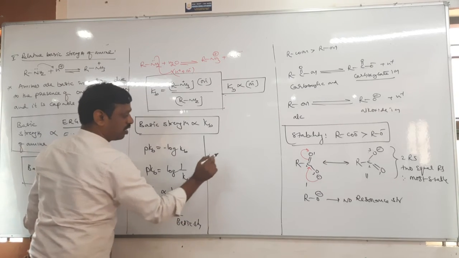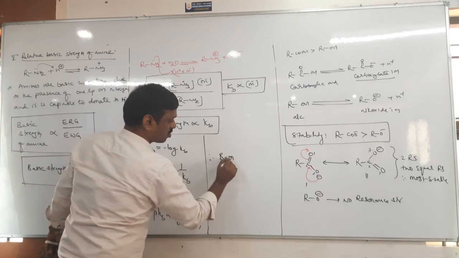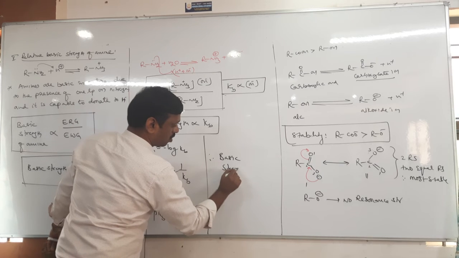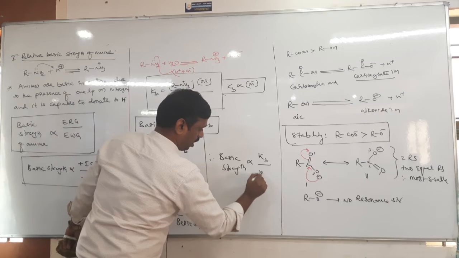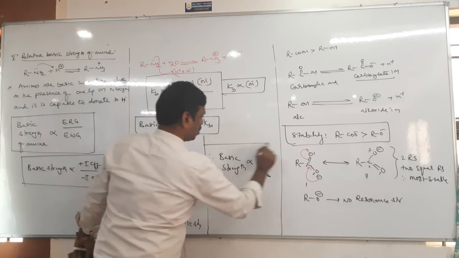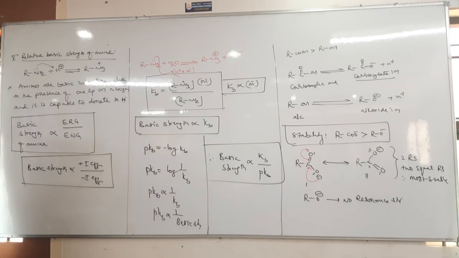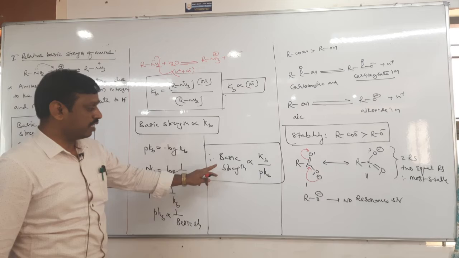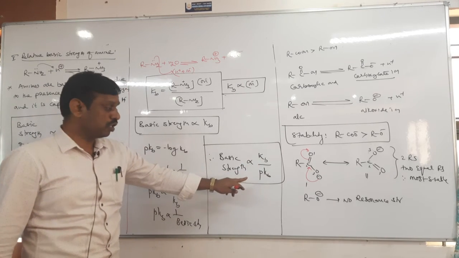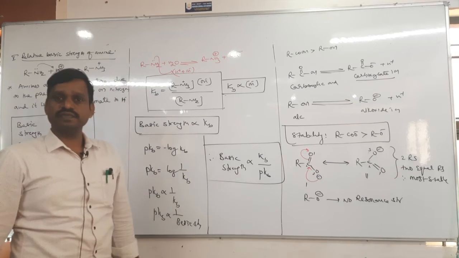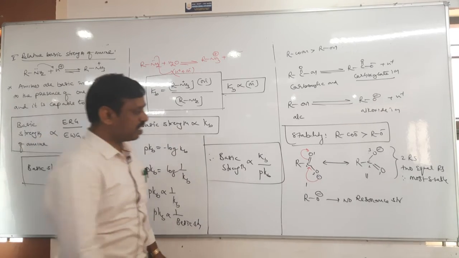Therefore, finally, basic strength is directly proportional to Kb and inversely proportional to pKb, as in acidic strength. In the case of acidic strength, we have studied that acidic strength is directly proportional to Ka and inversely proportional to pKa, the same, right? Same as acidic strength.